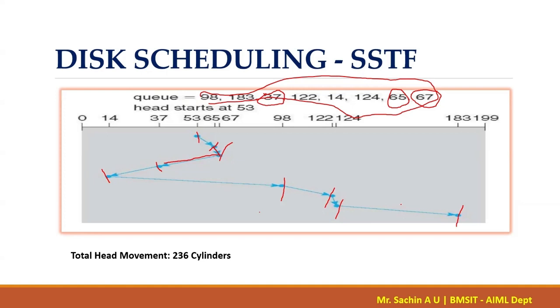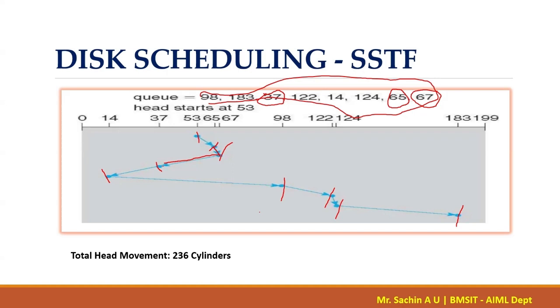Now, what is the formula I have told? Initially, first you are moving from 53 to 65. So what is the displacement? 65 minus 53. Now when it is at 65, it is moving to 67. That means plus 67 minus 65. After that, it is moving from 67 to 37, so plus 67 minus 37.